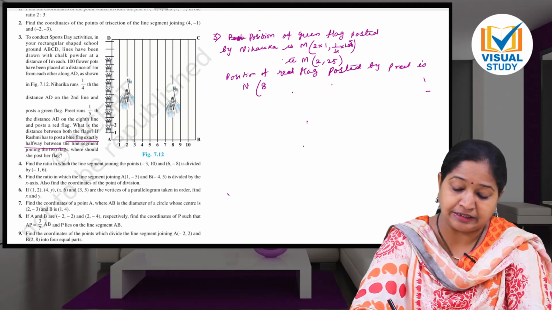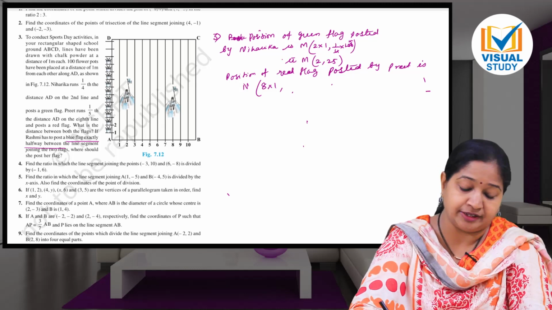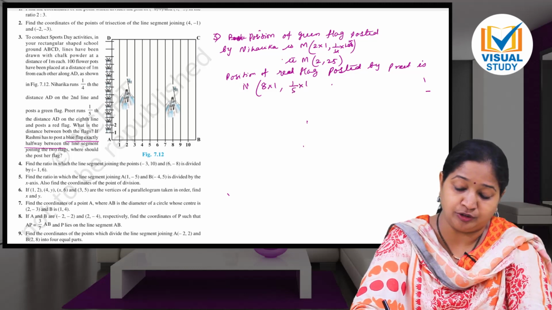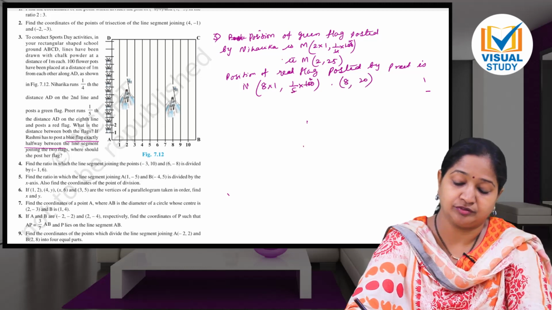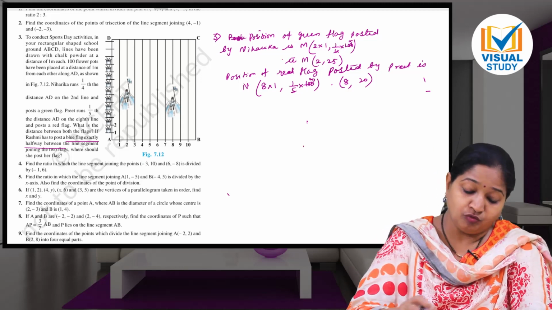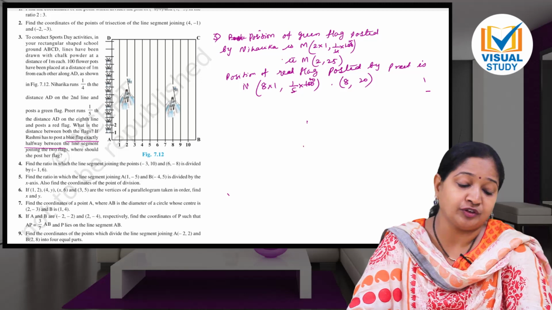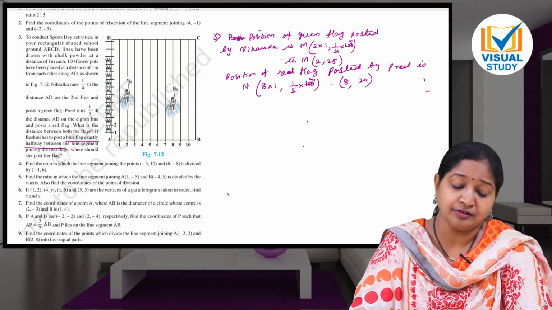She is on the 8th line into 1. And this is your X and this is your Y. So 1 upon 5 into this. And you get 8 and 20. 8 and 20. Okay. What you have to do is first of all find the distance between the flags.